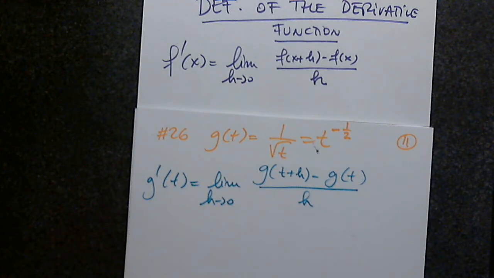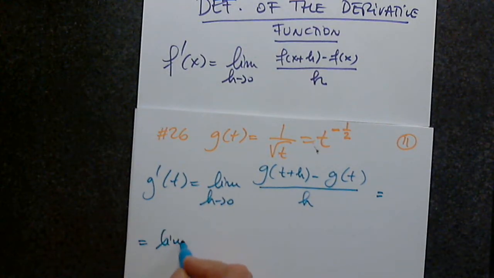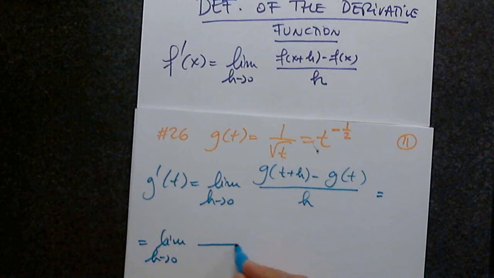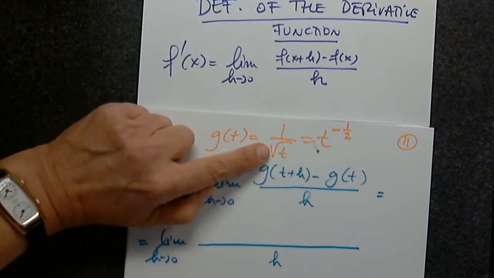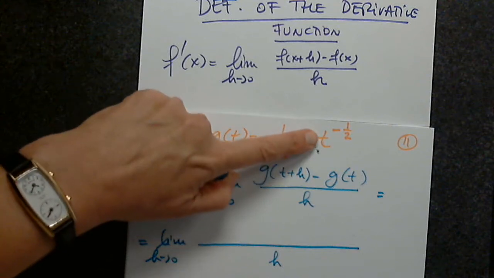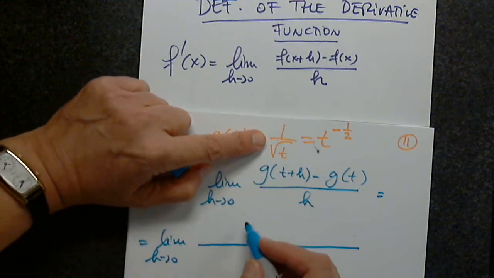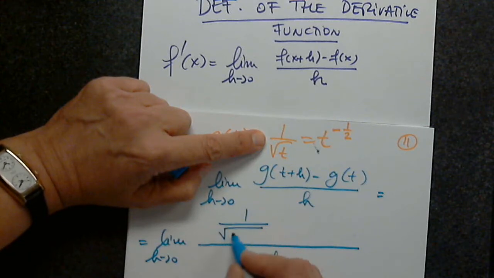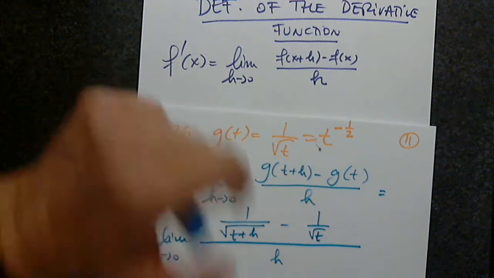Okay, so now the limit as h approaches 0. I will keep this for now because this doesn't allow me to do anything here, so I will prefer that for now. 1 over the square root of t plus h minus 1 over the square root of t.